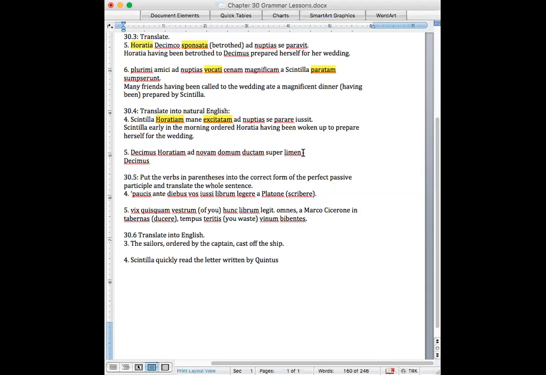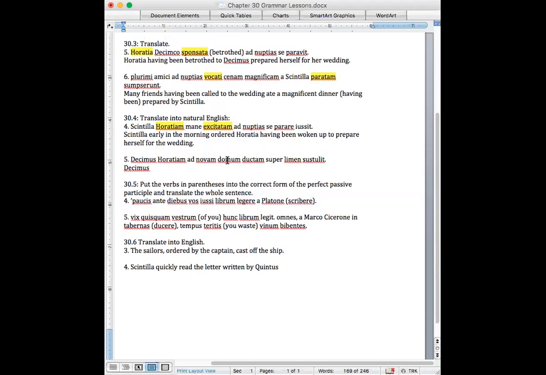Okay. So, Decimus. All right, okay. Having led Horatia, having been led to the new house, he lifted her over the threshold.